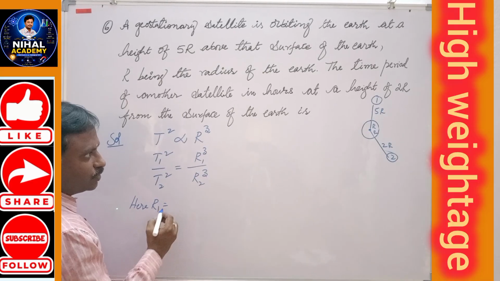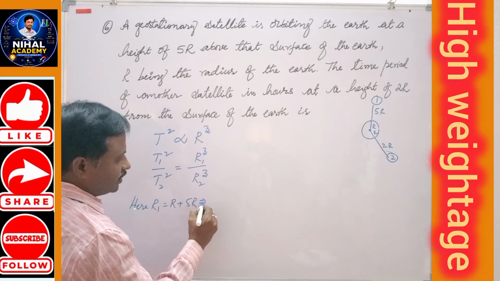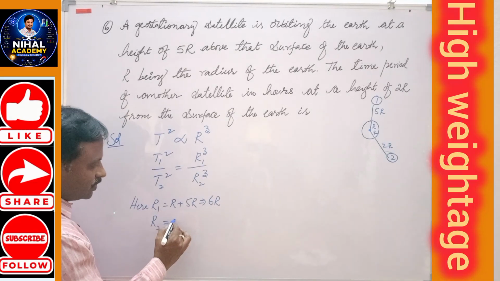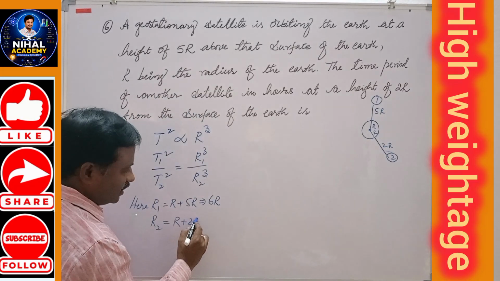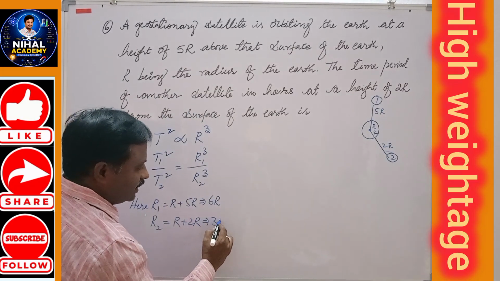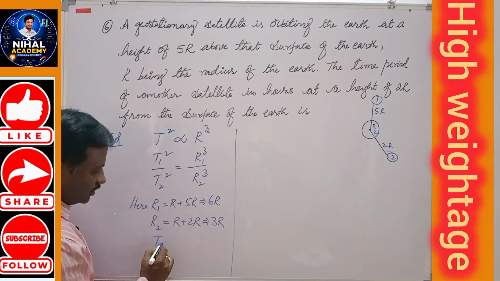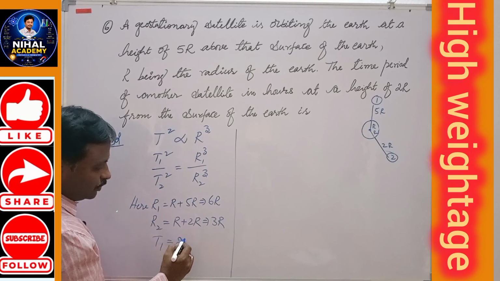R1 is equal to R plus 5R, which is 6R. R2 is equal to R plus 2R, so that is equal to 3R. And we know that T1, the time period of the first satellite, is 24 hours.